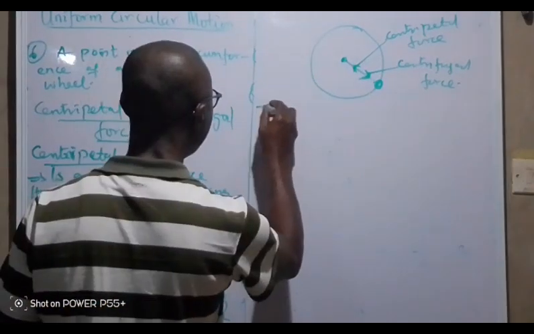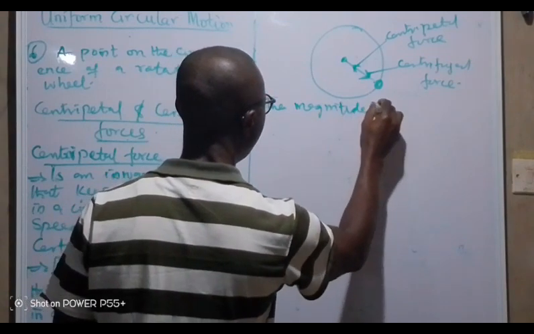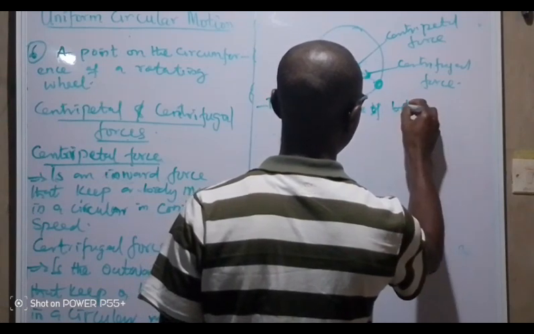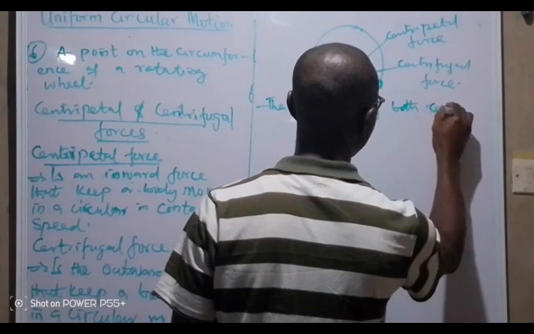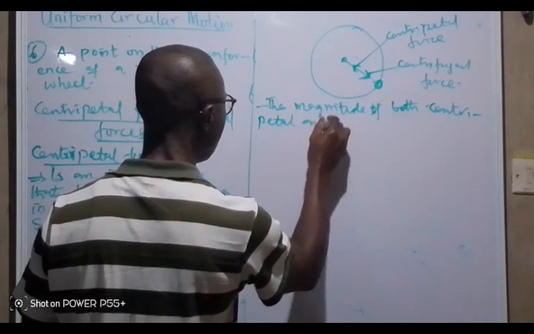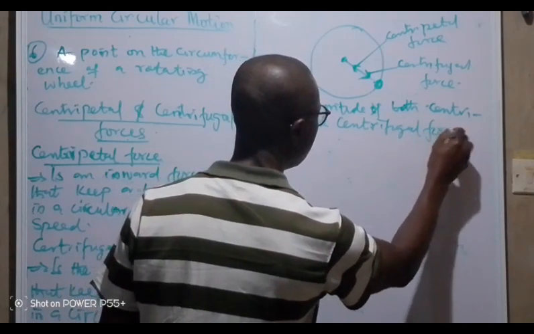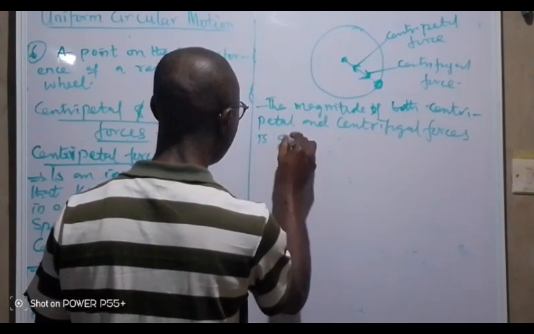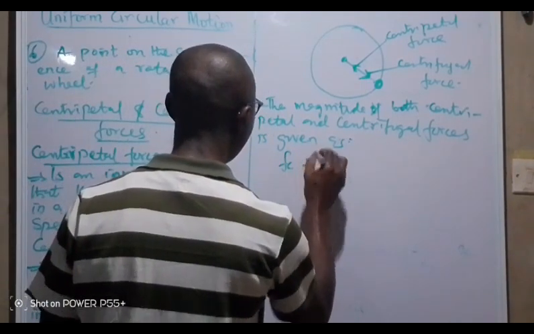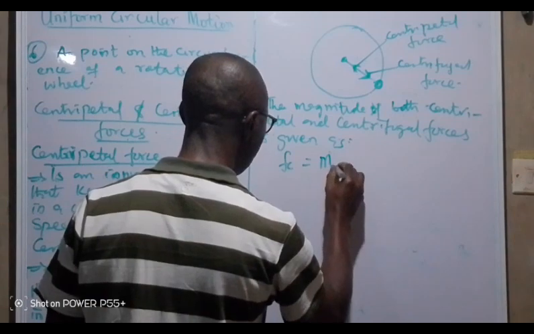The magnitude of both centripetal and centrifugal forces is given as Fc, that is either centripetal or centrifugal force, is equal to m times AC.